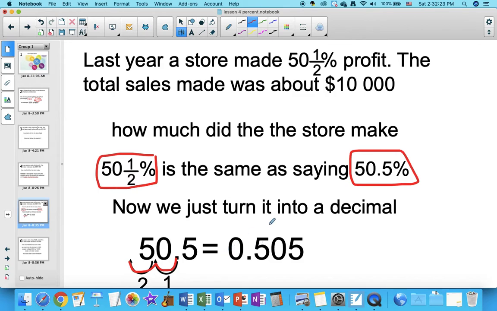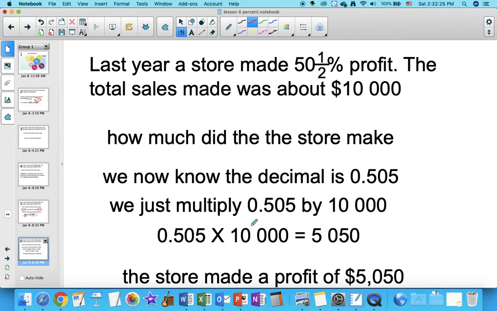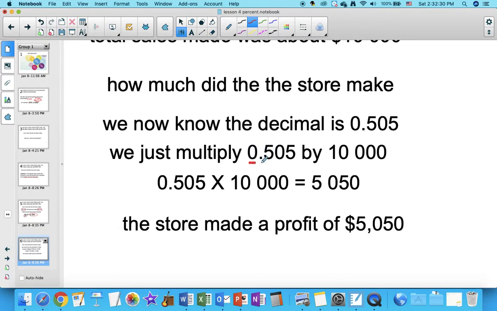That's our decimal. We take our decimal and we multiply it by 10,000. So 0.505 times 10,000 gives me $5,050. So we can say the store made a profit of $5,050.